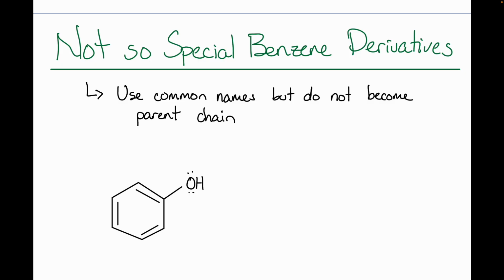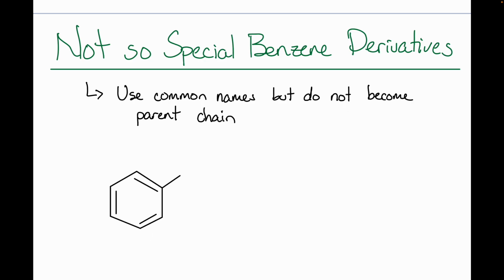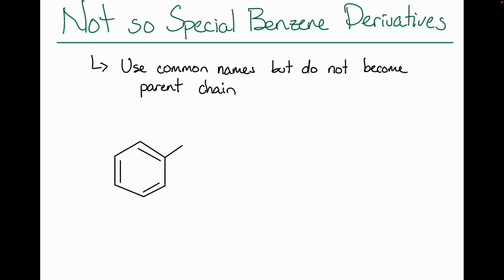All right, the first example would be methylbenzene. We don't call it methylbenzene, it's got its own special name. This is toluene. All right, and then dimethylbenzene.